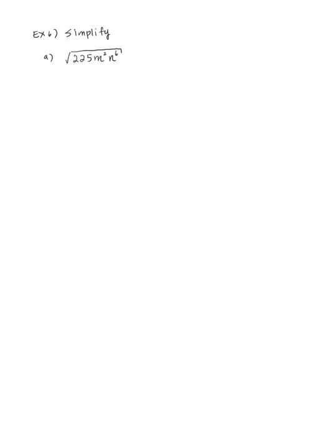Alright, example 6, simplify the square root of 225 m squared times n to the 6th power. Alright, so I'm getting tired, so I can't figure out what square is going to give me 225, so I'm just going to break it down. So I see that 5 is going to go in, so 225 divided by 5 is 45.